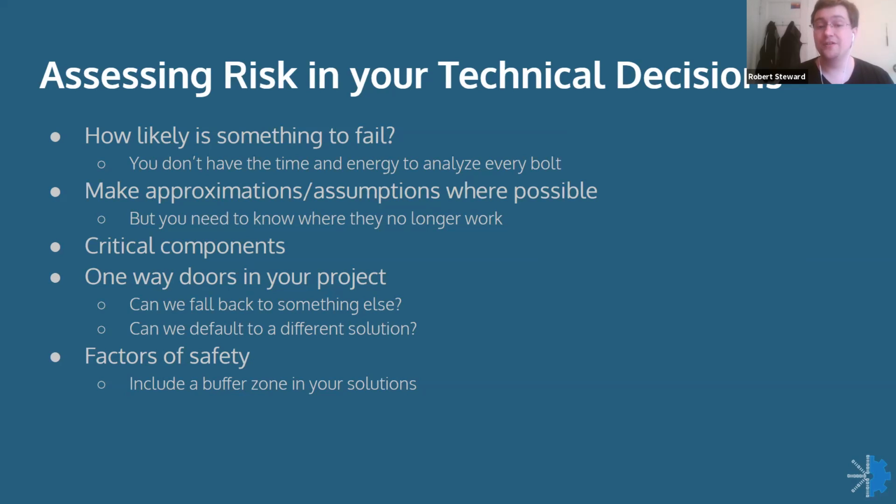And that kind of goes into the next one. You can make assumptions and approximations where possible, but you want to make sure that you understand where they no longer work. So obviously in fluids and thermal work, you can treat water as an incompressible fluid, obviously up until a point, and then you may need to change some of those assumptions.